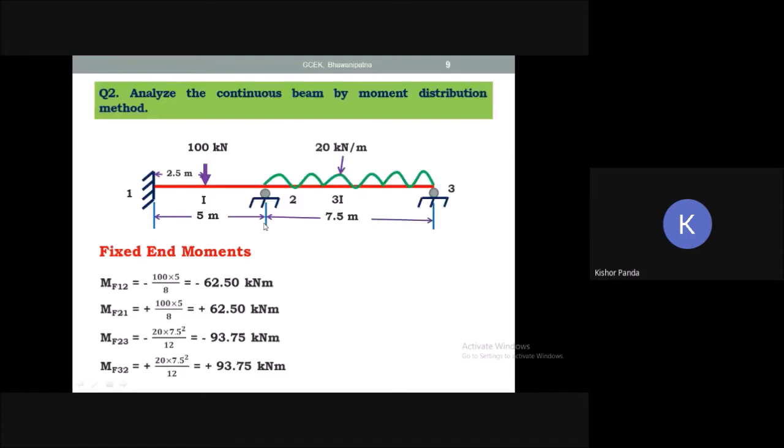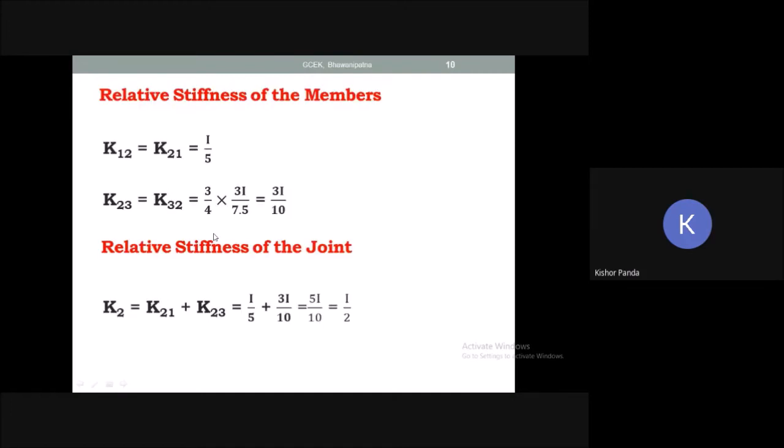So this is the relative stiffness of member 2, 3: K23 or K32 is equal to 3 by 4 into 3I by 7.5. And for span 1, 2, you take simply I by L, I by 5. K12 is equal to K21 is equal to I by 5.